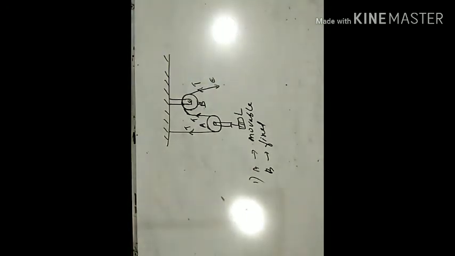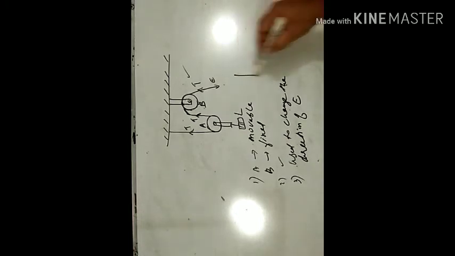Okay, that part is over. Coming to the third part of the question, what is the purpose of the pulley B? Pulley B is used to change the direction of effort E. Very simple.